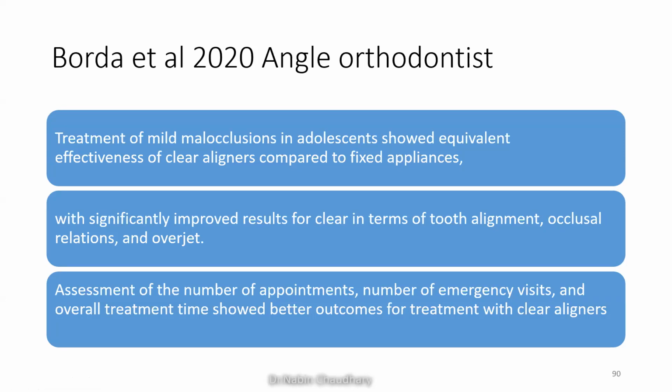They also said that there is significantly improved result in terms of tooth alignment, occlusal regulation, and the opposite with Invisalign than the fixed appliances. They also found that the number of appointments and the number of emergency visits in the Invisalign system was reduced, and the overall treatment time showed better outcomes with clear aligners than with fixed appliances.